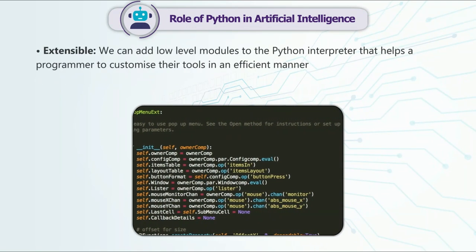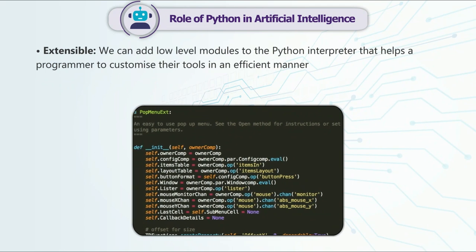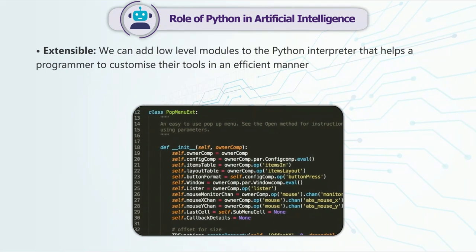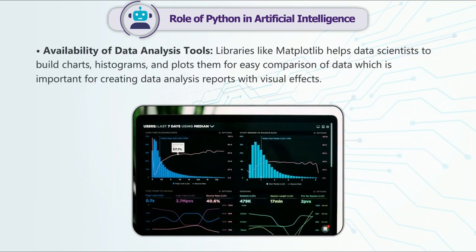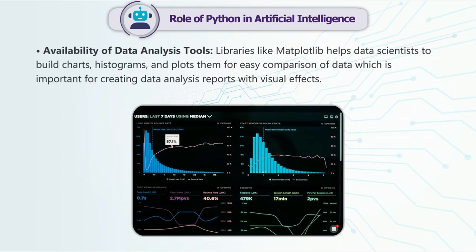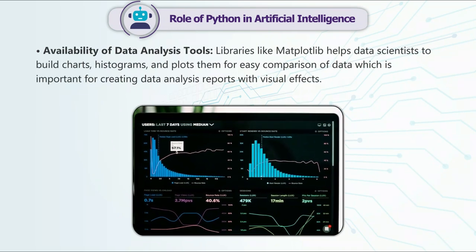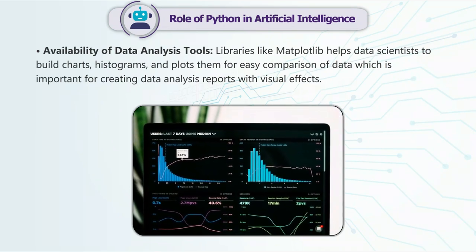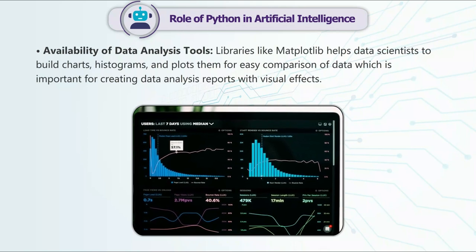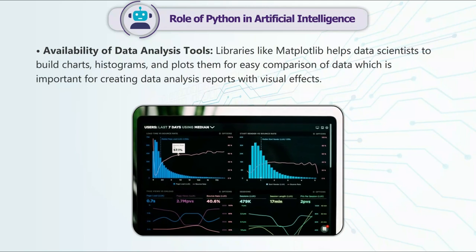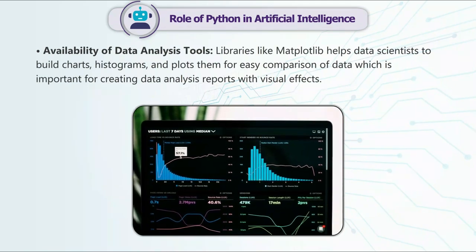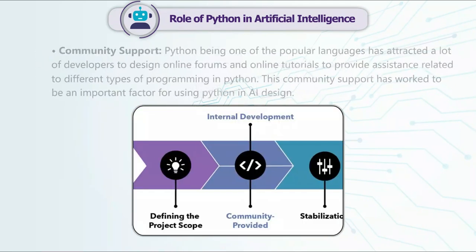We can add low-level modules to the Python interpreter that help a programmer to customize their tools in an efficient manner. Availability of data analysis tools. Libraries like Matplotlib help data scientists to build charts, histograms, and plots for easy comparison of data, which is important for creating data analysis reports with visual effects.